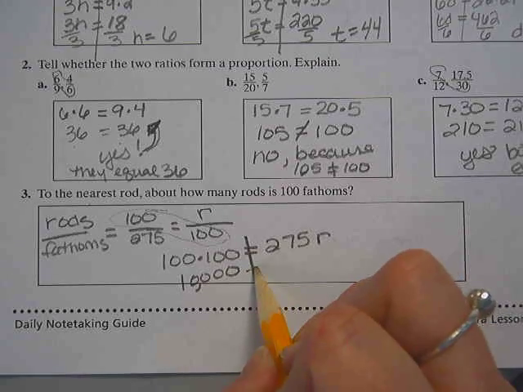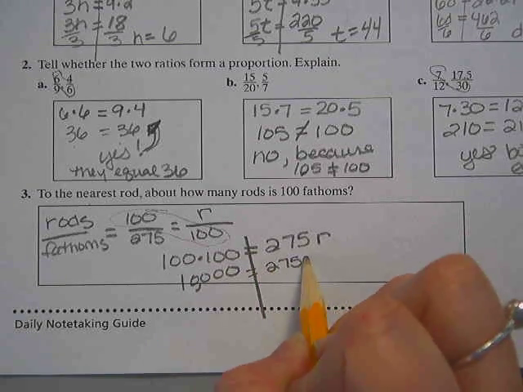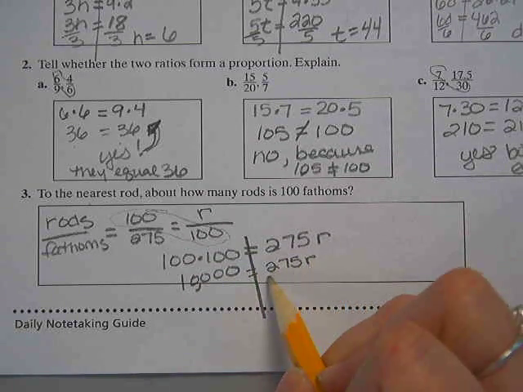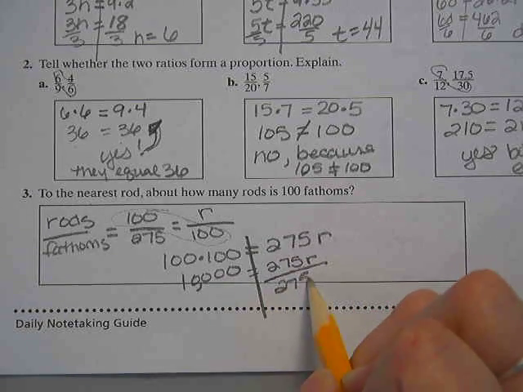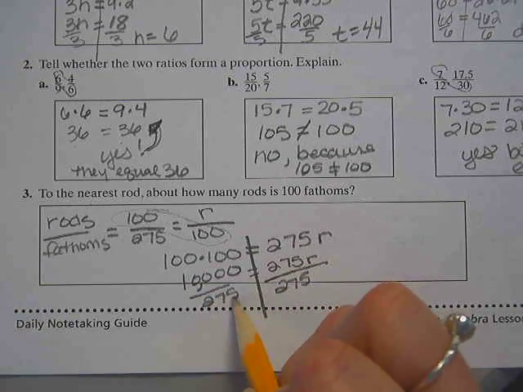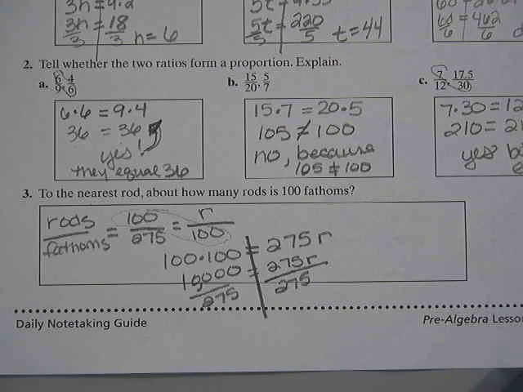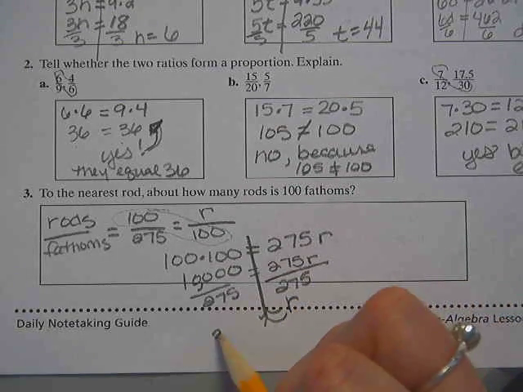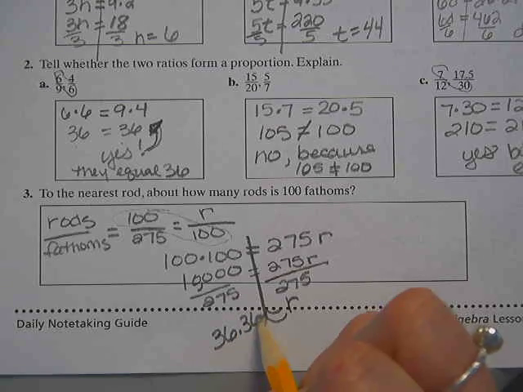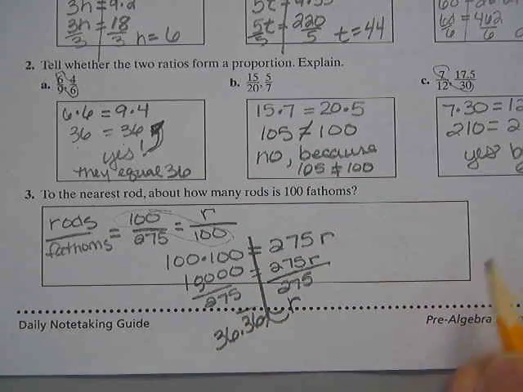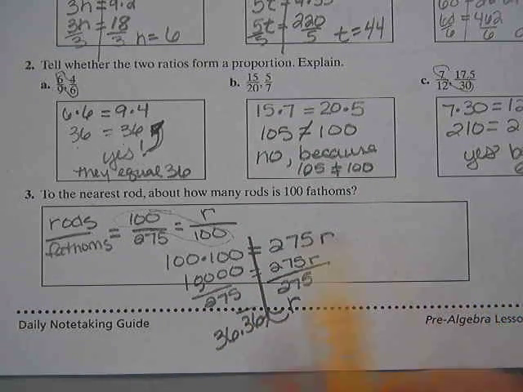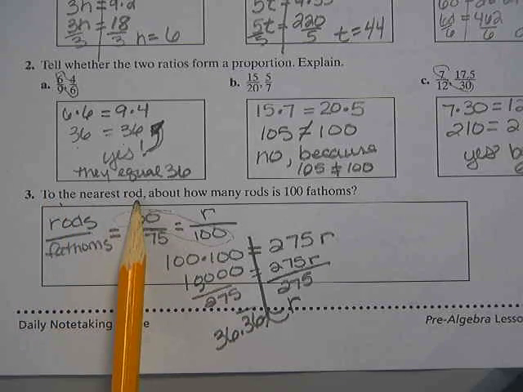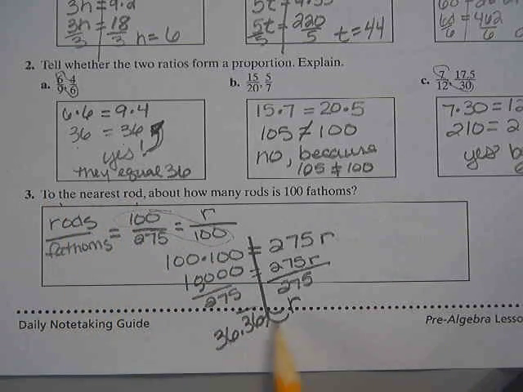Okay, so we have to use our cross products here. So 100 times 100 equals 275 R. That equals 10,000. 275 R. How do I get R by itself? Divide by 275. Good job.